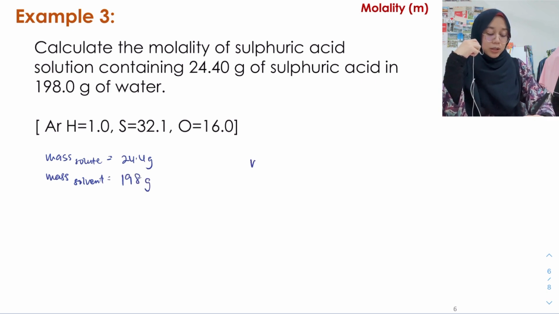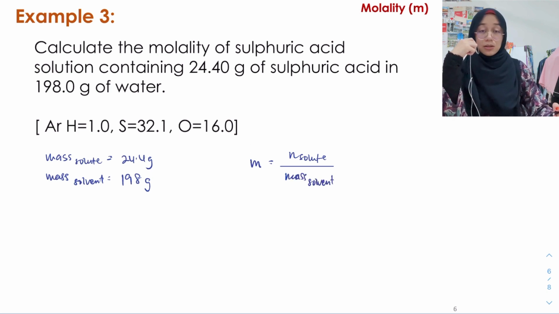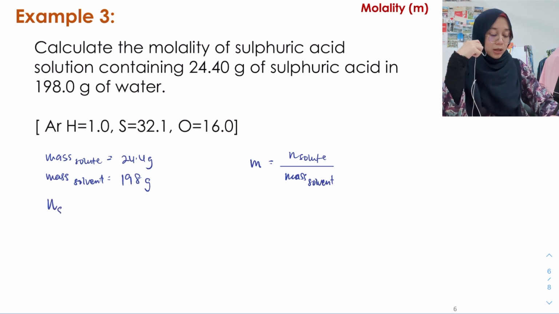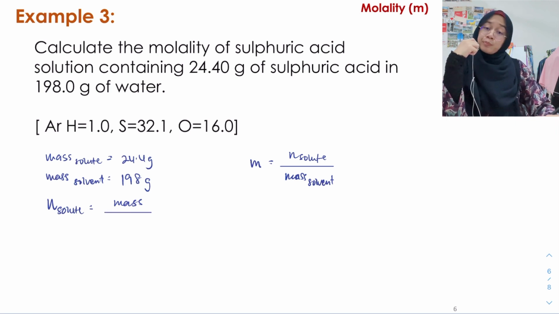In order to look for molality, we know we need mole of solute per mass of solvent. Class, please make it a habit to write down the formula first. You need the mole of solute, so mole equals mass per molar mass, and 24.4 divided by the molar mass of H2SO4, sulfuric acid.